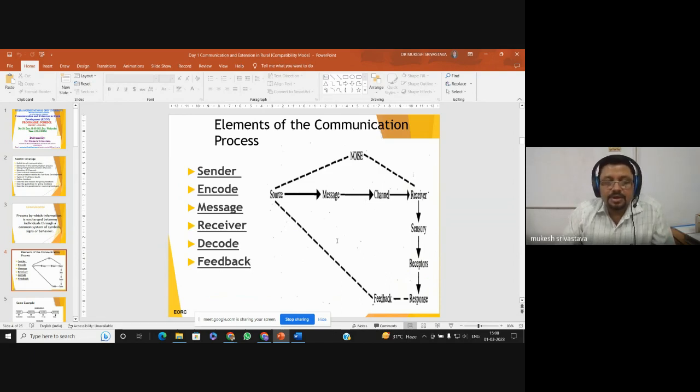When we send information through the keyboard, the computer encodes that message and then passes it on to the monitor. Then again, the monitor decodes that message from low level language to high level language. When we see the monitor, we see the high level language. Whatever language we understand, that is called decoding. And once that message comes in front of me, our communication process is fulfilled.